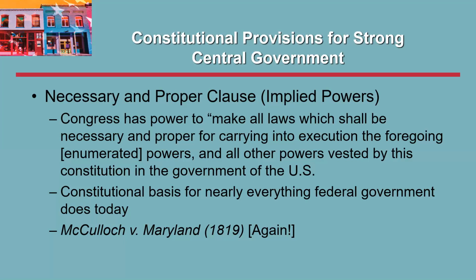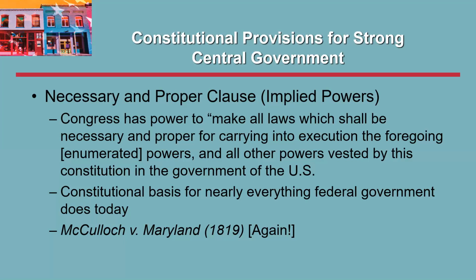It says Congress has the power to make all laws which shall be necessary and proper for carrying into execution the foregoing powers, in other words, the enumerated powers, and all other powers vested by this Constitution in the government of the United States. This clause provides the constitutional basis for nearly everything the federal government does today, simply because the enumerated powers, if they were strictly interpreted, would greatly limit the range of activities the federal government could engage in.